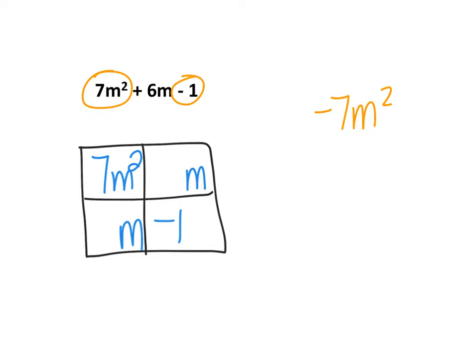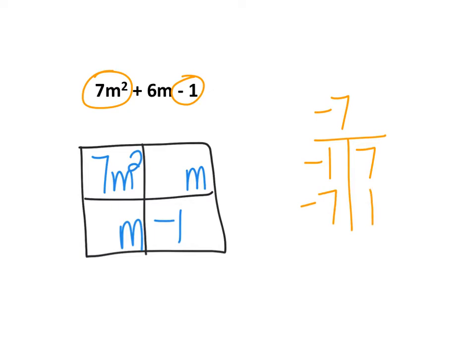I'm only going to focus on the fact that it's negative 7. I need two numbers that multiply to negative 7 but add to 6. There are only two possible ways this could work: negative 1 times 7 and negative 7 times 1.